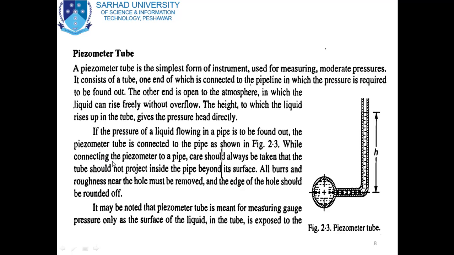While connecting the piezometer to a pipe, care should always be taken that the tube should not project inside the pipe beyond its surface. It should not enter the pipe. However, it should have only surface-to-surface contact with the pipe.